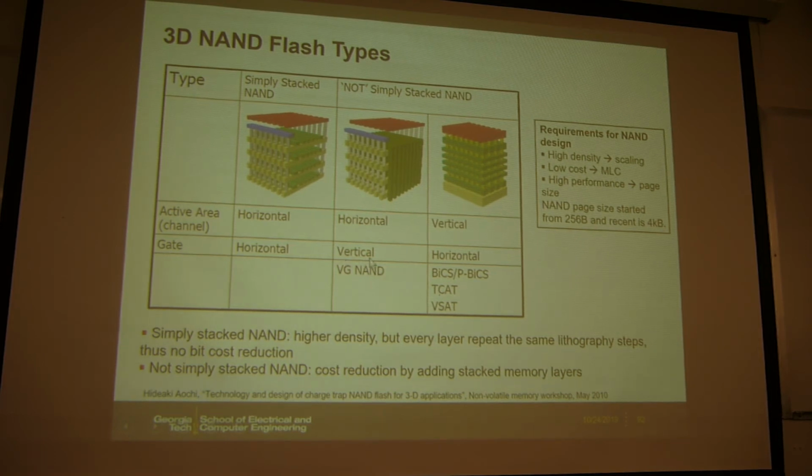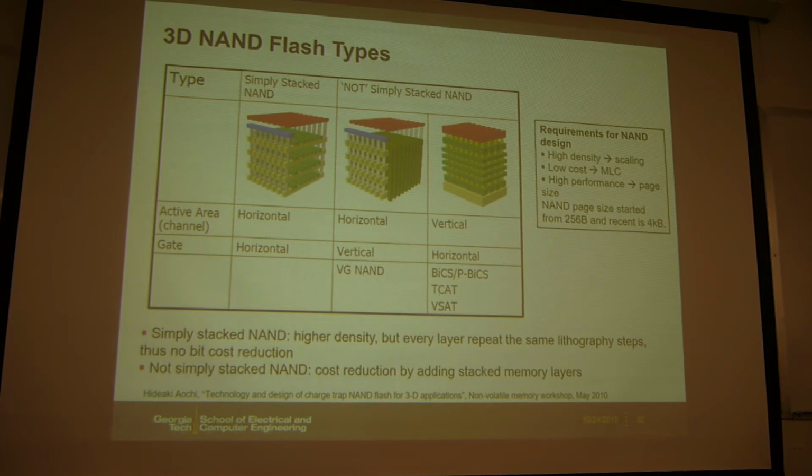So the gate will be the so-called vertical gate. And this is actually very similar to, I would say, not today's, maybe the next generation logic transistor for 5 nanometer, 3 nanometer. This one is like the stacked nanosheet transistor.